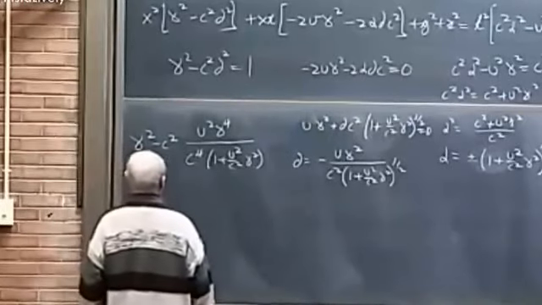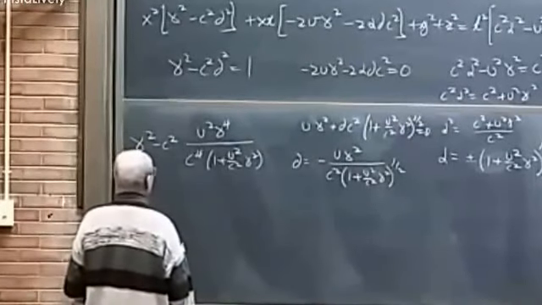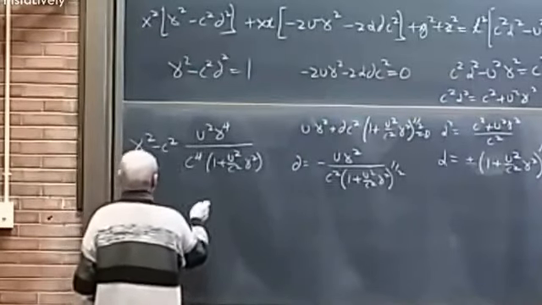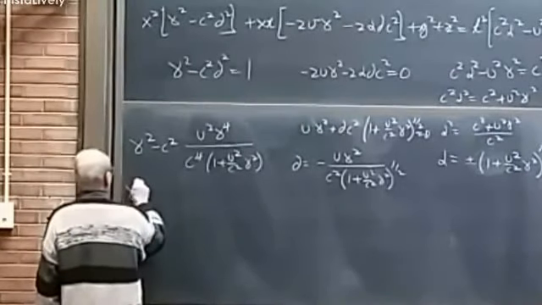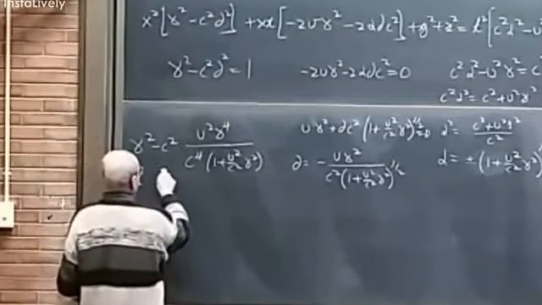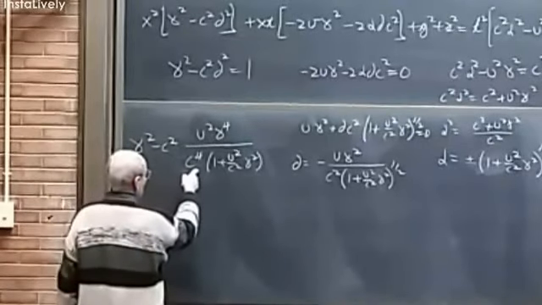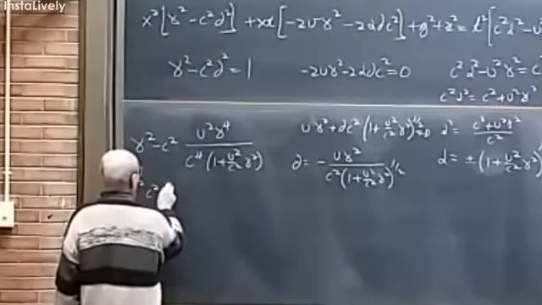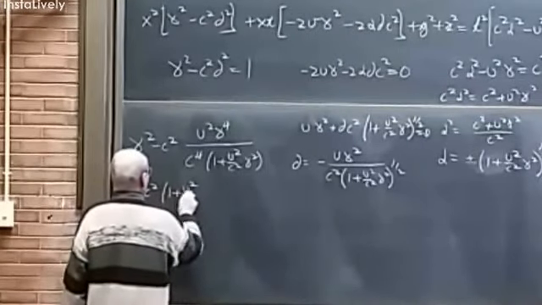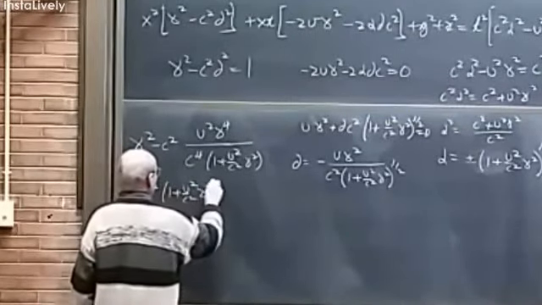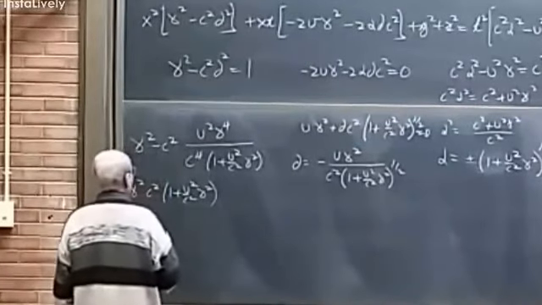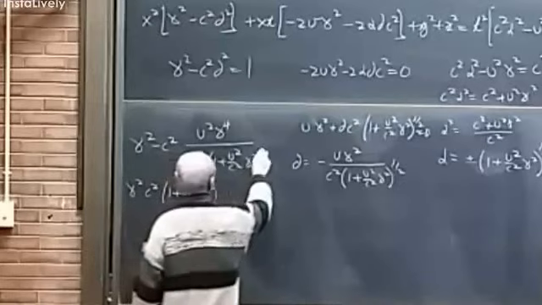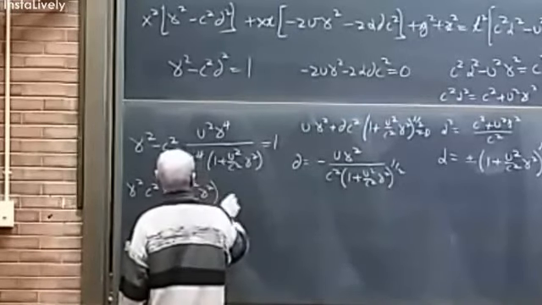So, let us multiply this stuff up there. And so what we get is gamma squared. Now, that'll make that as c squared. So I get c squared, 1 plus b squared over c squared gamma squared equals 1. Okay.